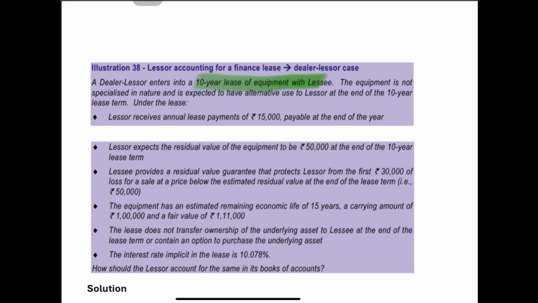Under the lease, the lessor receives an annual lease payment of rupees 15,000 payable at the end of the year, and the lessor expects the residual value of the equipment to be 50,000 rupees at the end of the 10th year. The lessee provides a residual value guarantee that protects the lessor from the first 30,000 rupees of loss on a sale at a price below the estimated residual value of 50,000 at the end of the lease term.